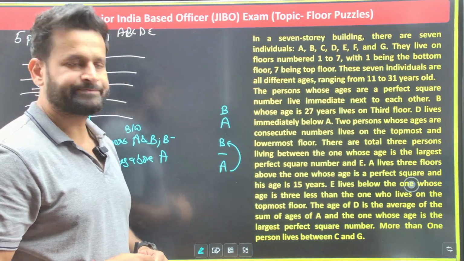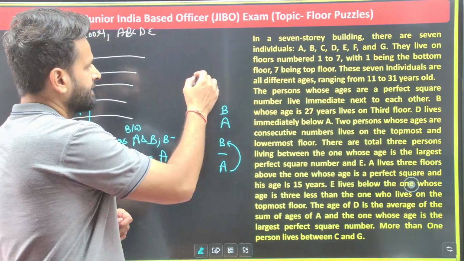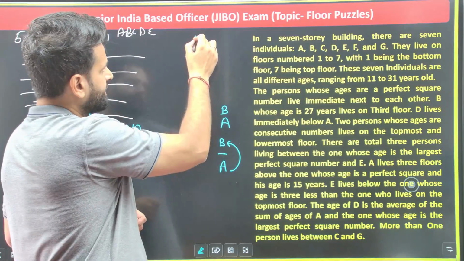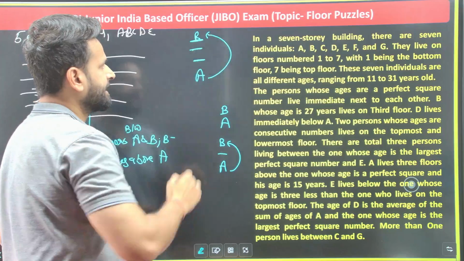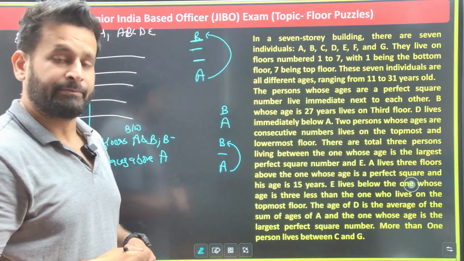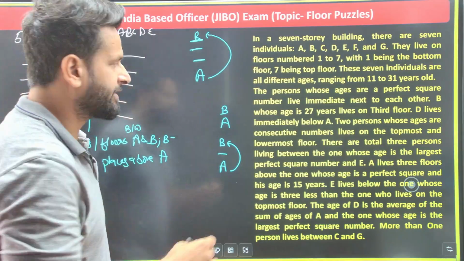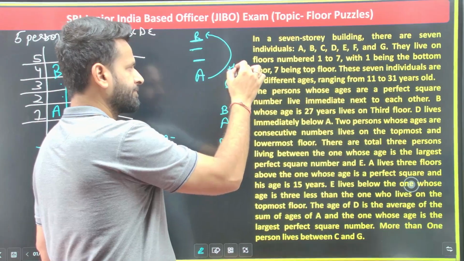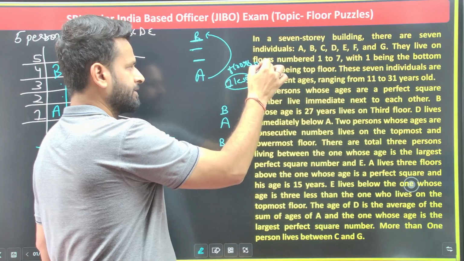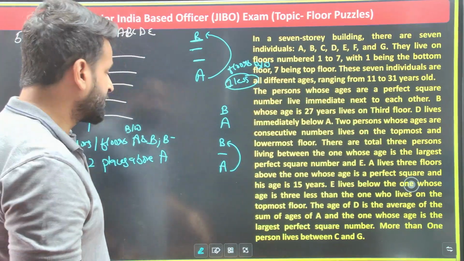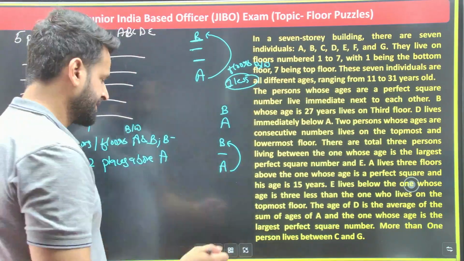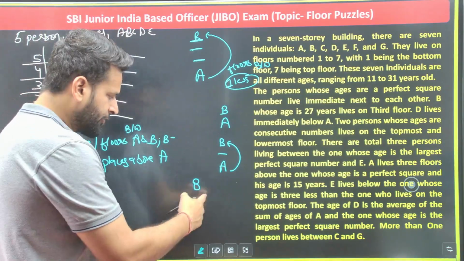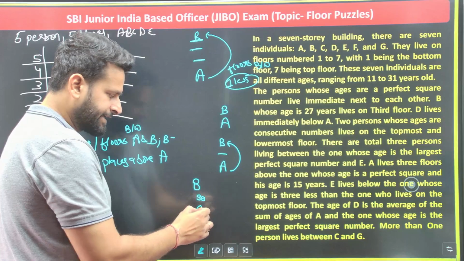How many floors are there in between? 1 floor. If this is 1 floor above, 2 floors above, 3 floors above, can I say that B is 3 floors above A? But the number of floors between is always one less. Let us suppose B is 100 floors above A. So how many floors will be in between? 99.